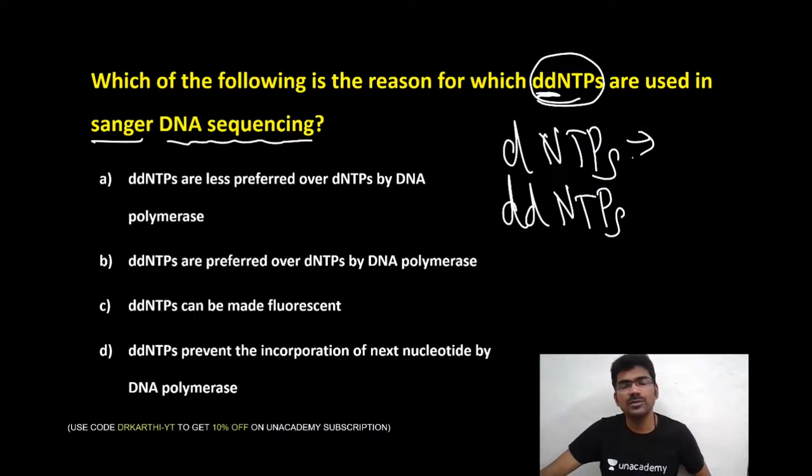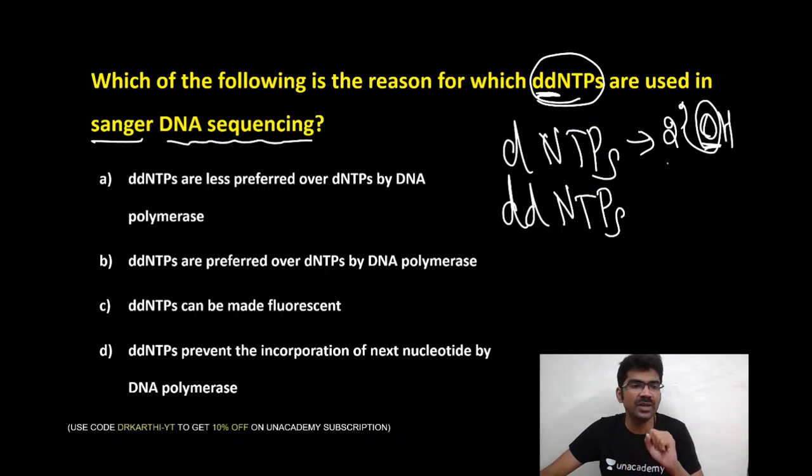dNTPs means nucleoside triphosphates, so nucleotides are made up of sugar, base and phosphate. The sugar is ribose sugar in nucleic acids. In DNA, it will be a deoxyribose, so that means the 2' OH group, there you won't have oxygen.